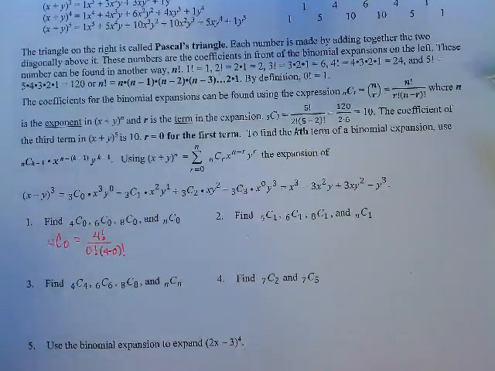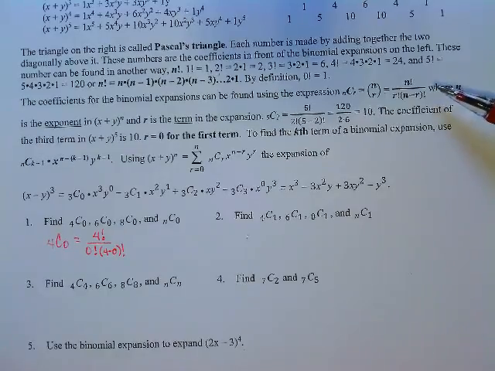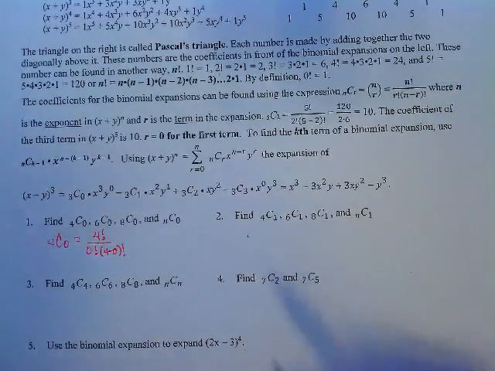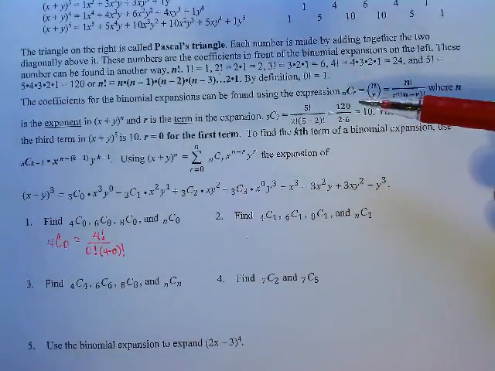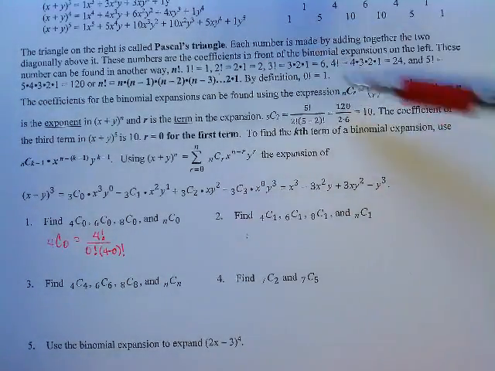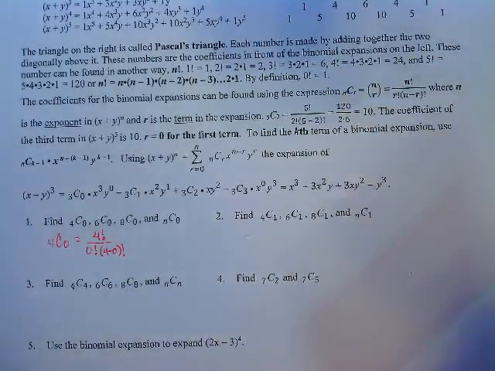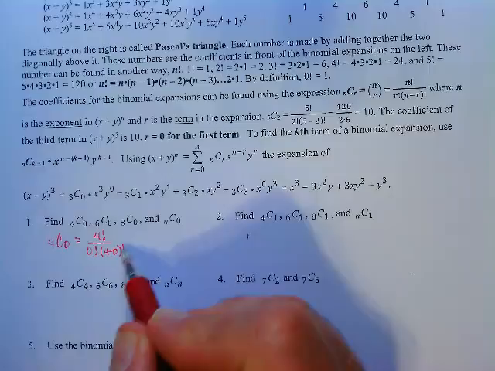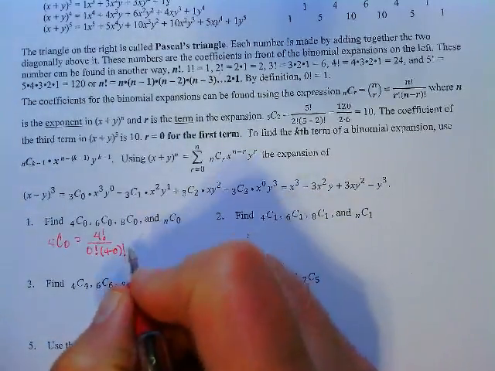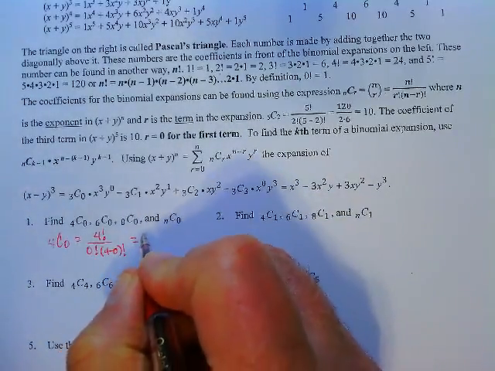Again, I'm using the formula that we had up here for nCr. And of course, 0 factorial is defined as being just equal to 1. And 4 minus 0, of course, would be 4, so I'd have 4 factorial over 4 factorial, and we would in fact get a 1.